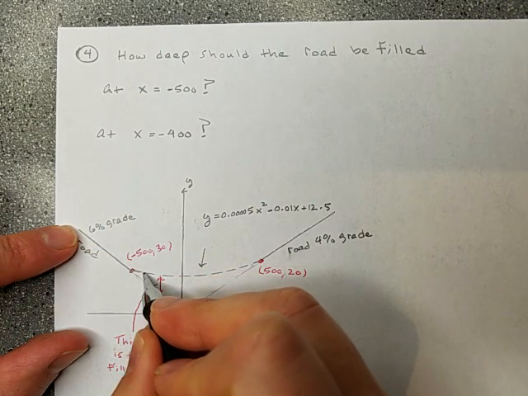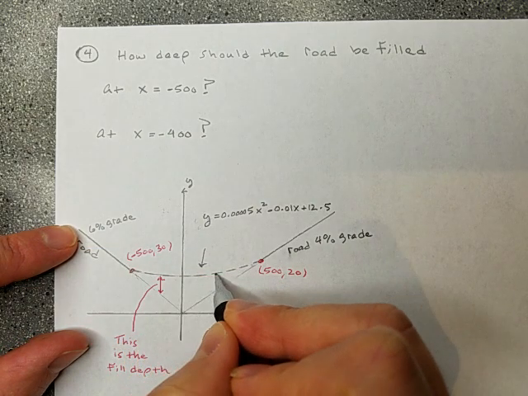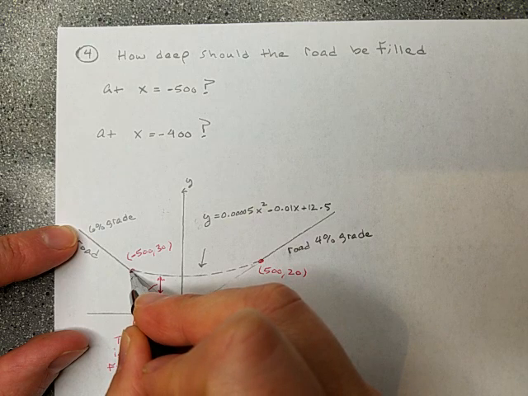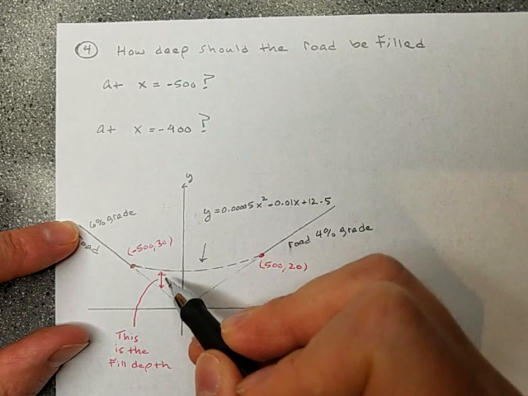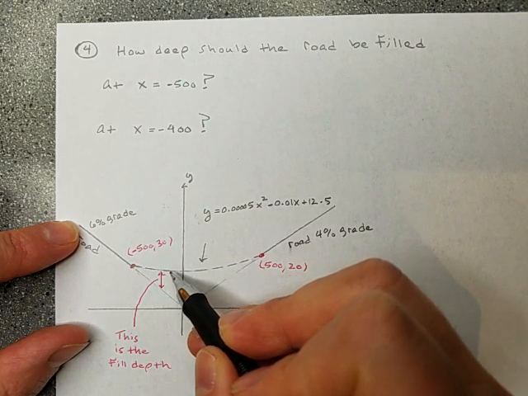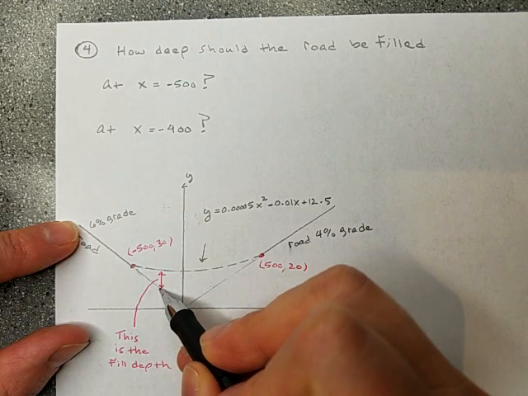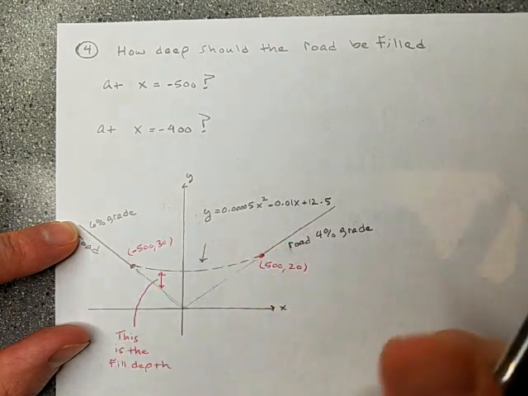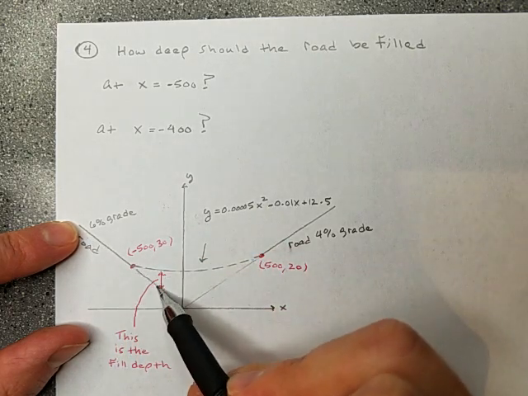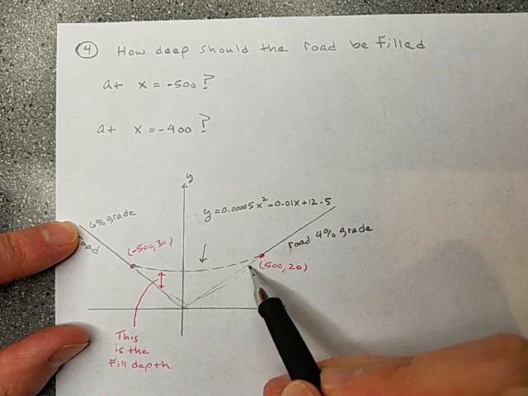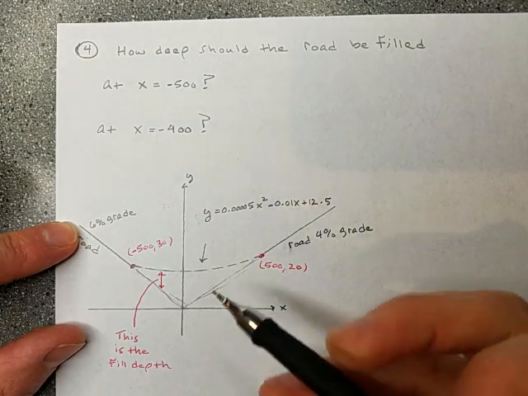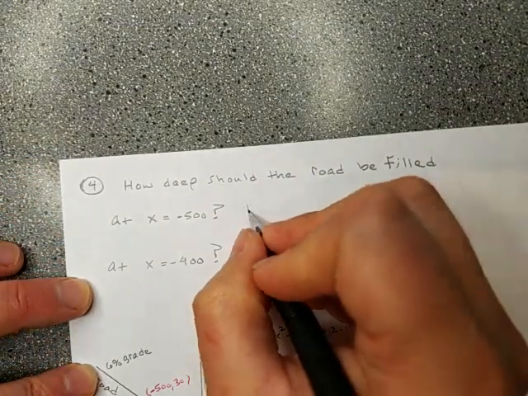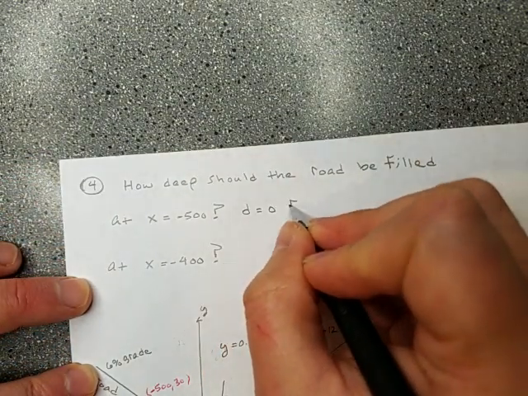If you keep going, well, then you're on the road between the mountains. But right there, you're on it. You don't need to fill anything. The fill depth is the difference between this and this. Like here, there's the road on the mountain. But if I project the mountain down into the valley, then it's like right in here. And same thing with that one. Okay, so for this one, the depth is 0 feet.